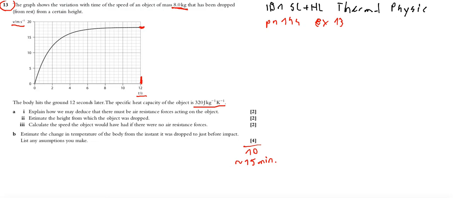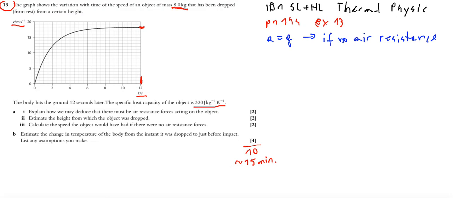Explain how it may be deduced that there must be a resistive force acting on the object. Normally, the object should accelerate with acceleration equal to g, if there is no air resistance. In this case, you see that acceleration is not constant. The object changes acceleration because the gradient of the velocity versus time graph, which represents acceleration, changes.